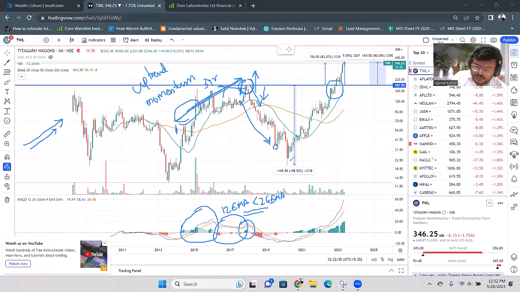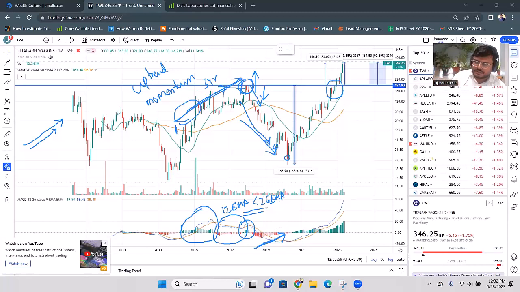So it is making a lower low, and the selling intensity is coming down. So that's convergence divergence. Your stock is coming down, but the histogram slope is in the opposite direction, right? And that's your convergence and divergence.